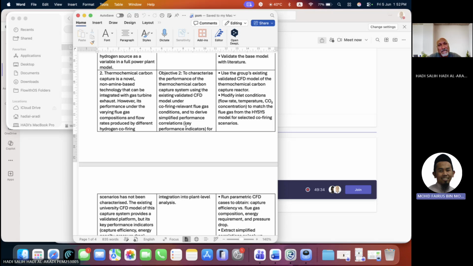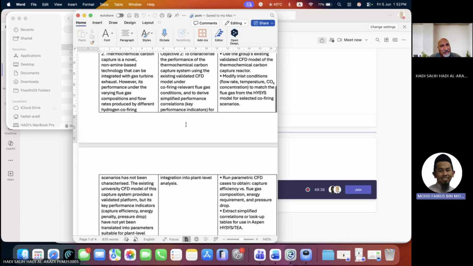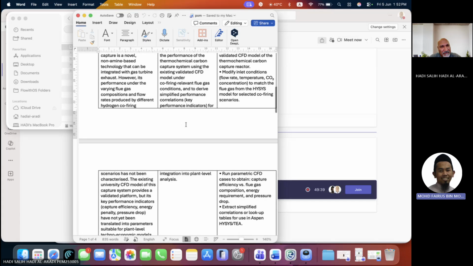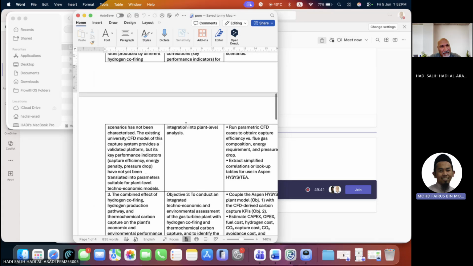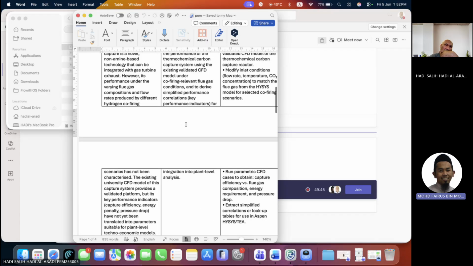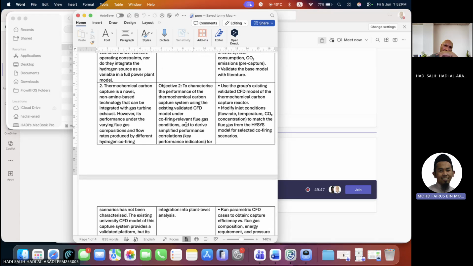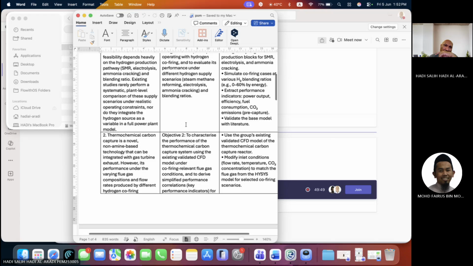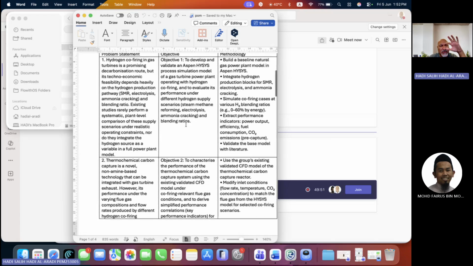All right, then let's talk about objective number 2 in more detail. How do you want to relate objective 2 with objective 1?